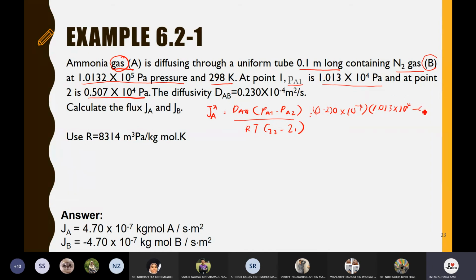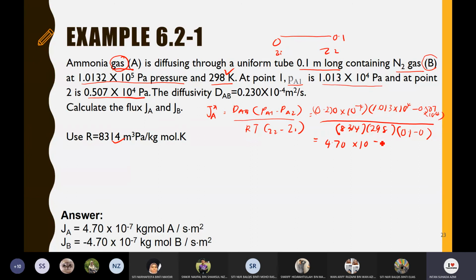PA2 is 0.5, times 10 to the power of 4, divided by R, which is given here, 8314. Temperature is also given, 298. Then Z. It's stated here 0.1 meter long, so Z1 is 0 and Z2 is 0.1, so 0.1 minus 0. So you will get flux of A: 4.70 times 10 to the negative 7. This one.